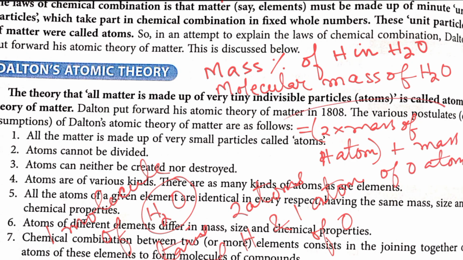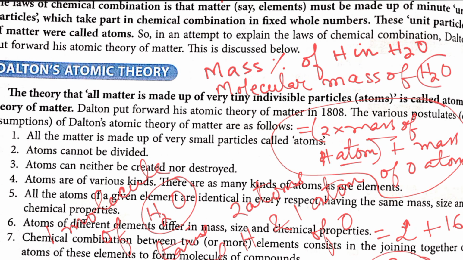Why? Because there is only one oxygen, right? The mass of an H atom is 1 gram, so here you will get 2, plus the mass of an O atom, which is 16. So you get 18 grams as the mass of the compound H2O.